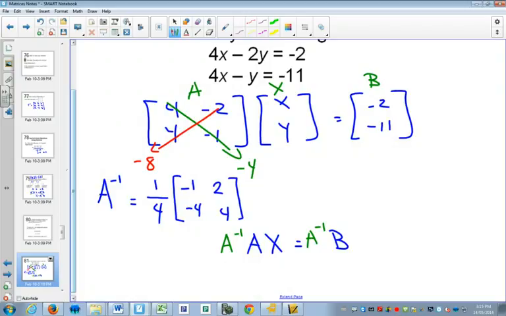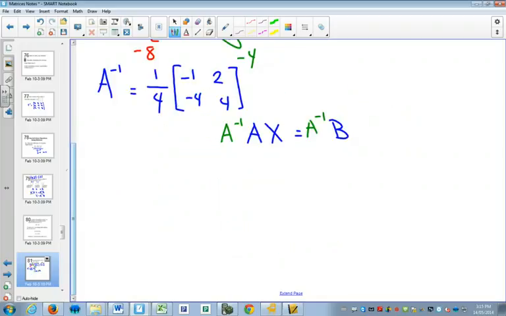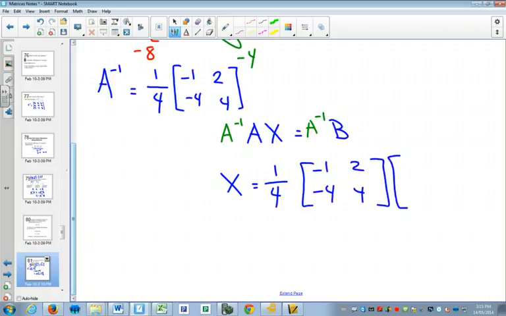Any matrix times the identity matrix is itself, so this side will just become X. And on this side, we'll have A inverse, which is 1/4, -1, -4, 2, 4, multiplied by B, which was -2, -11. I'm going to leave that fraction out front right till the end, because that'll make life a lot easier.